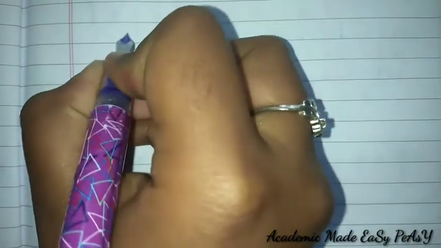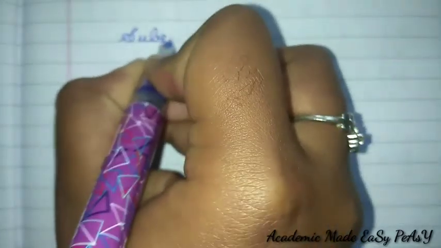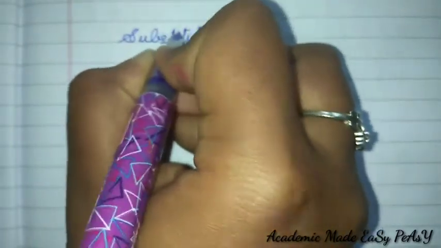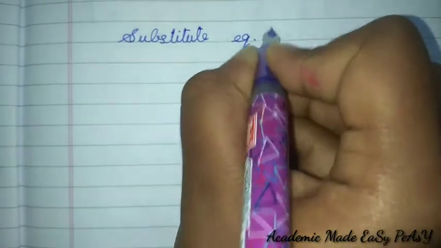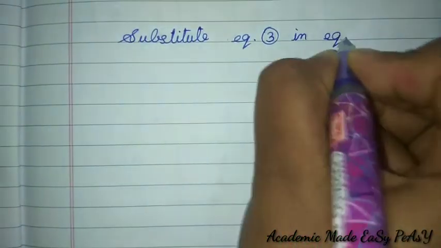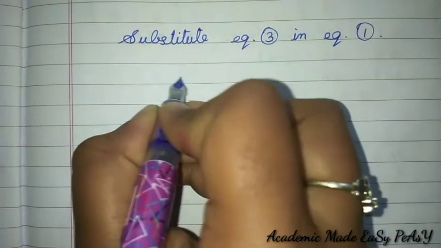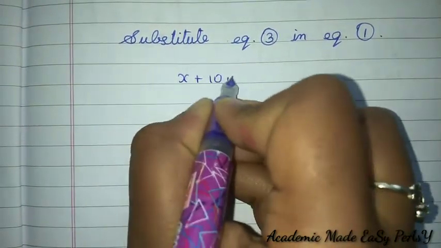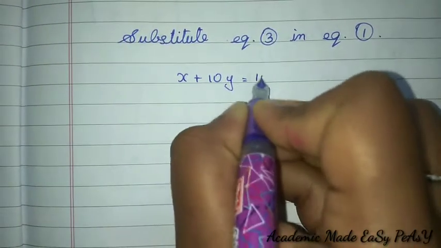Now I will be writing, substitute equation 3 in equation 1. So x plus 10y is equal to 105.